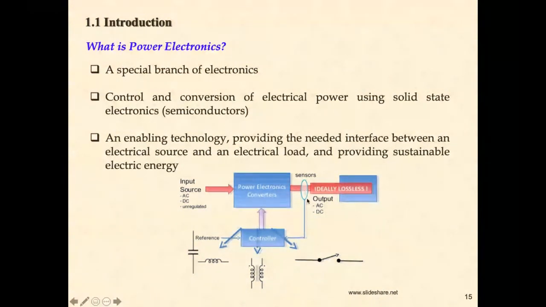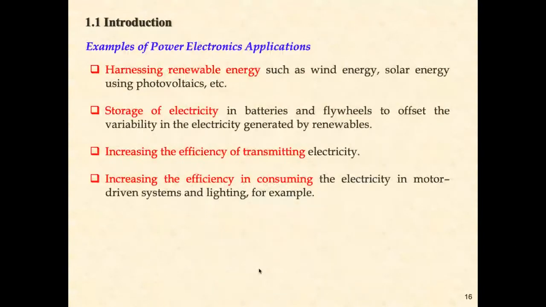In practice there should also be a sensor to sense the output, to check if that is what we want, and then there will be feedback to tell the controller to adjust the output signal again. Okay, so this is the quite common or generic idea of the power electronics interface.